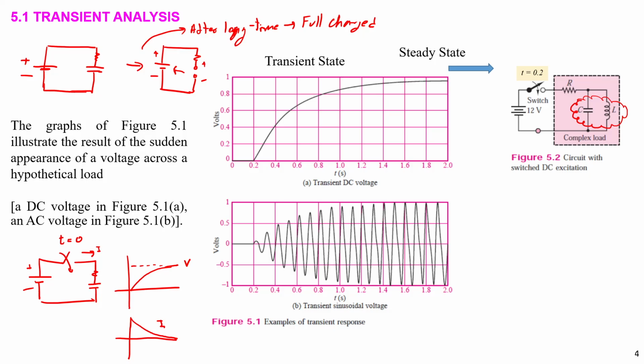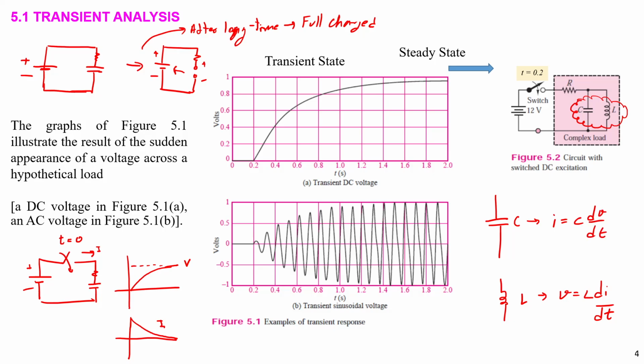Okay. And if you remember, the characteristic of the inductance L is V equals L di by dt, right? And for the capacitor, I equals C dV by dt, right?